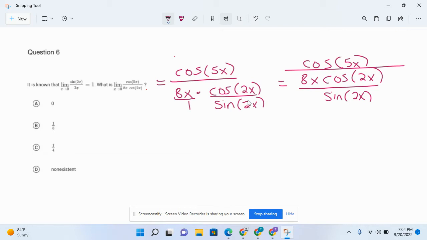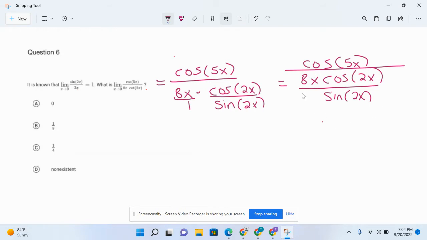Then the next thing I would do: we have cosine of 5x on top, divided by this fraction on the bottom. That's a really messy fraction. It's called a complex fraction because it's a fraction in a fraction.